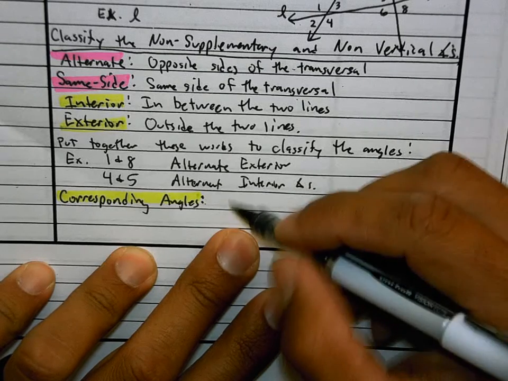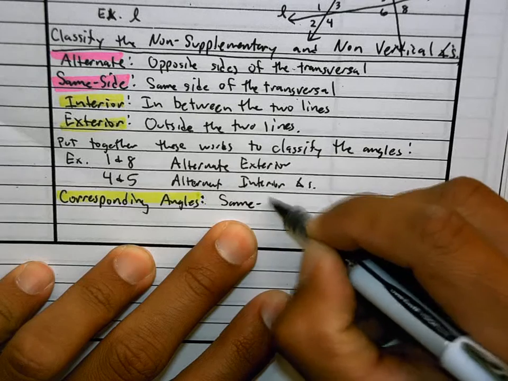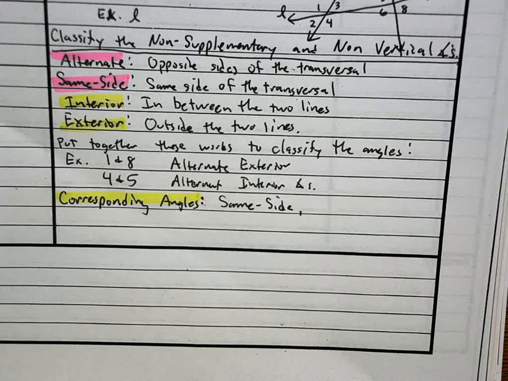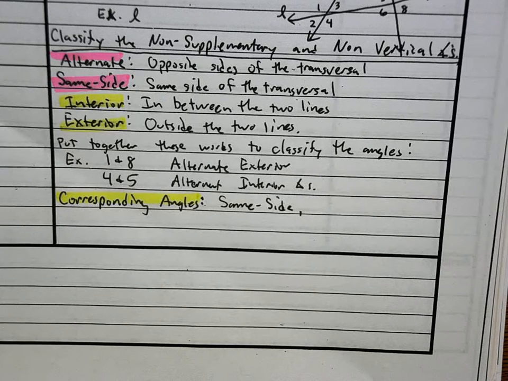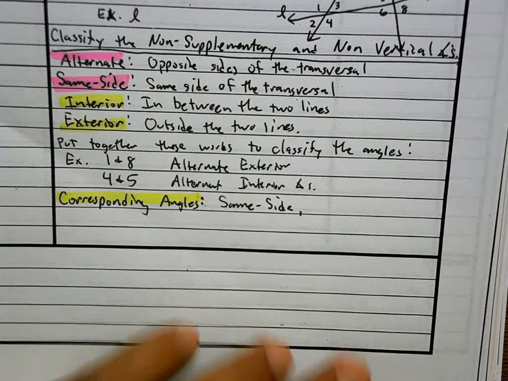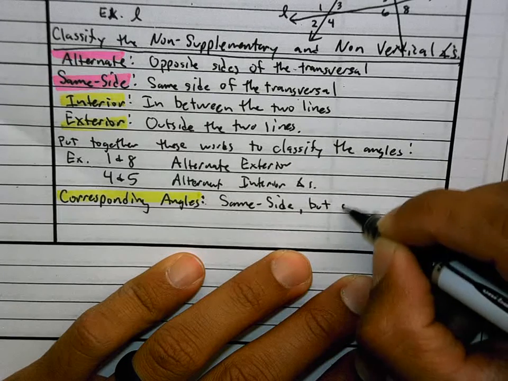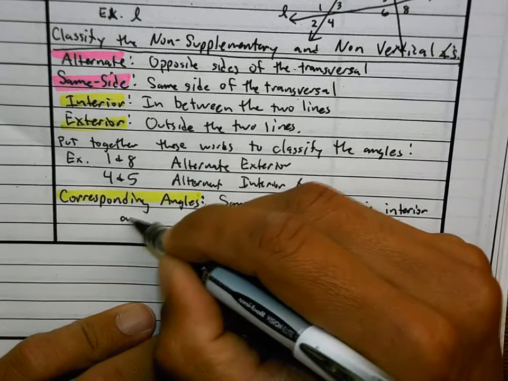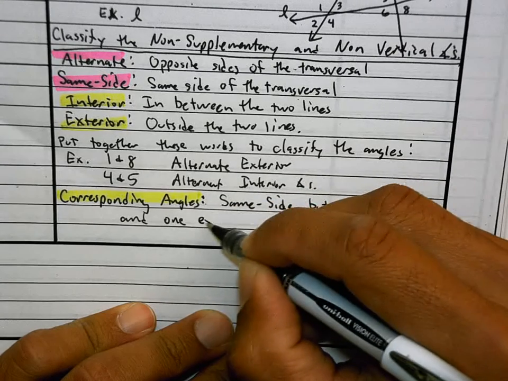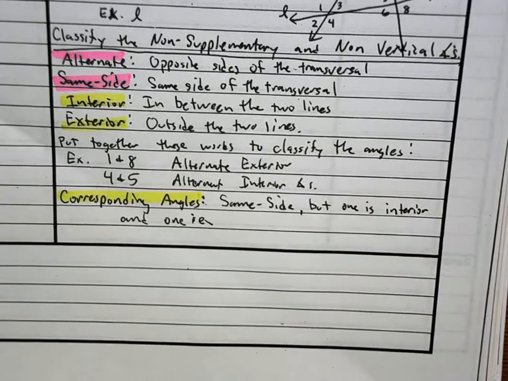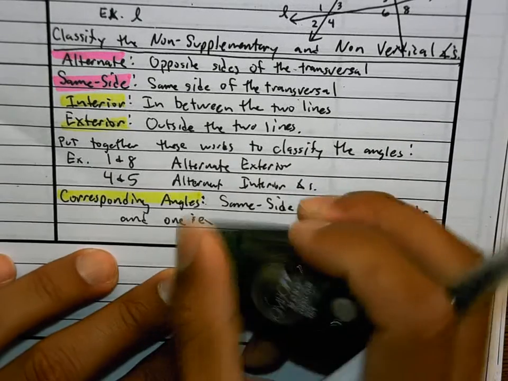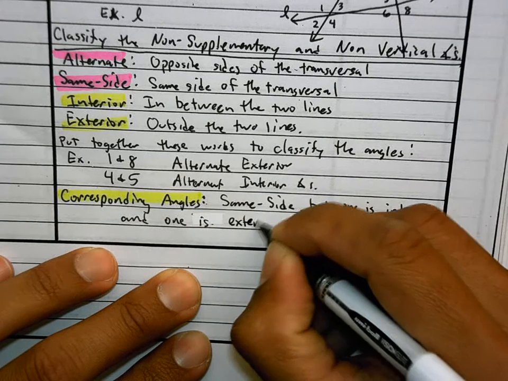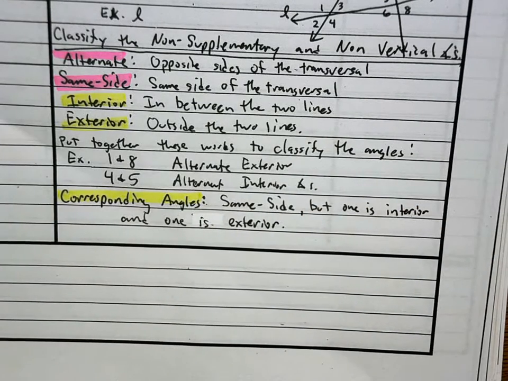Corresponding angles are on the same side of the transversal, but one is interior and one is exterior. Let's give an example.